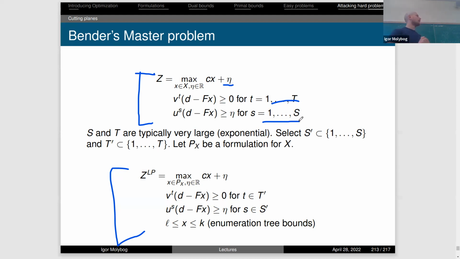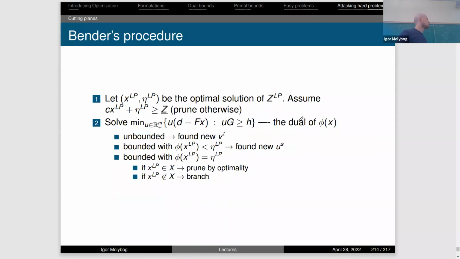and keep adding them manually through an iterative procedure, looking for a subset of inequalities that are actually important for us, instead of having to consider all of them at once.